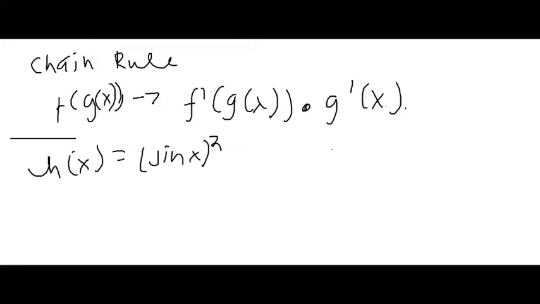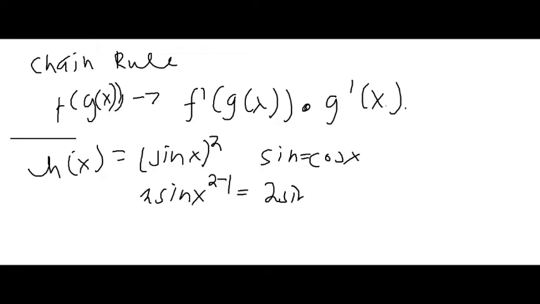So the inside function, sine x, is equal to cosine x. So if we merge those together, it would then look like 2 sine x raised to 2 reduced by 1, multiplied by the derivative of our inside function.